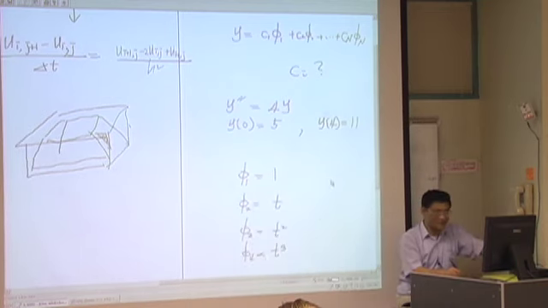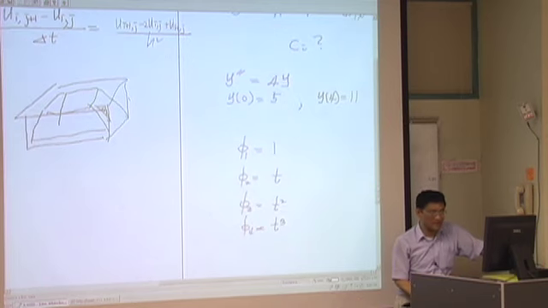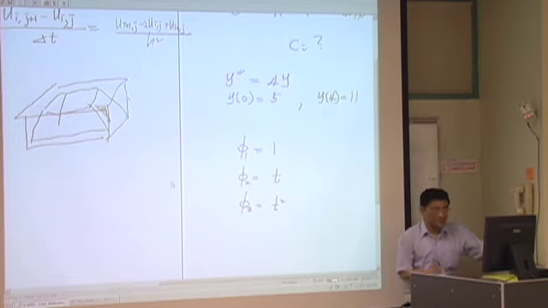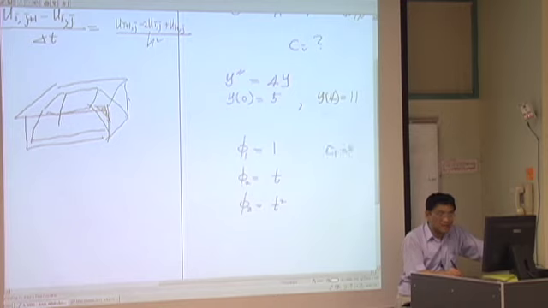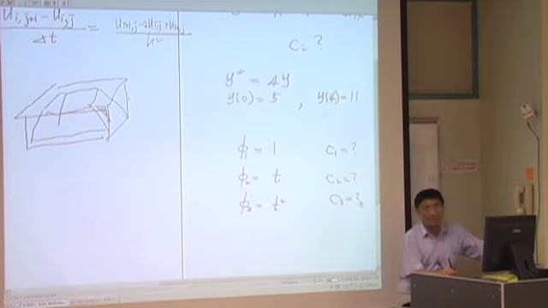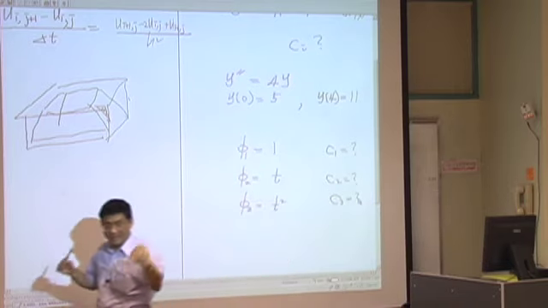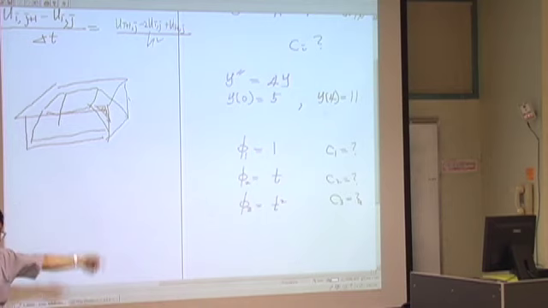Even this is not easy, so my limitation is 2. So C1, C2, C3 determination will do it. Do you follow me? Of course, if you have more basis functions, you need more C sub i, right?